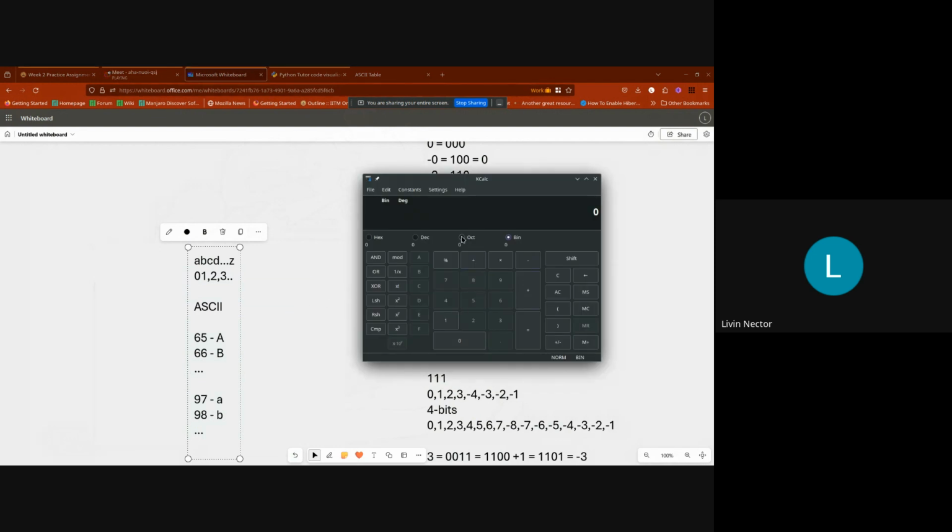Okay, so the number 65, see, in hexadecimal it's 41, right? And 42, 43 will be B, C, D, E, and so on. And the number 97, it's 61, right? And it will go on 62, 63.